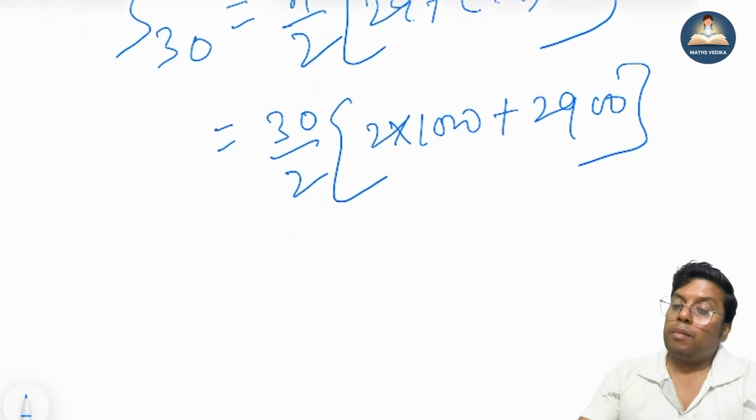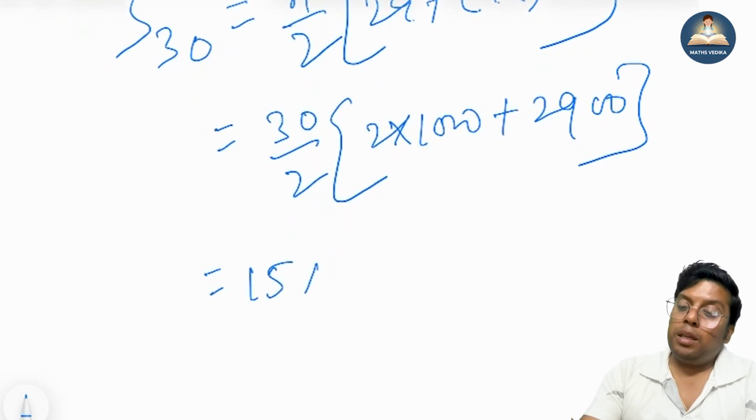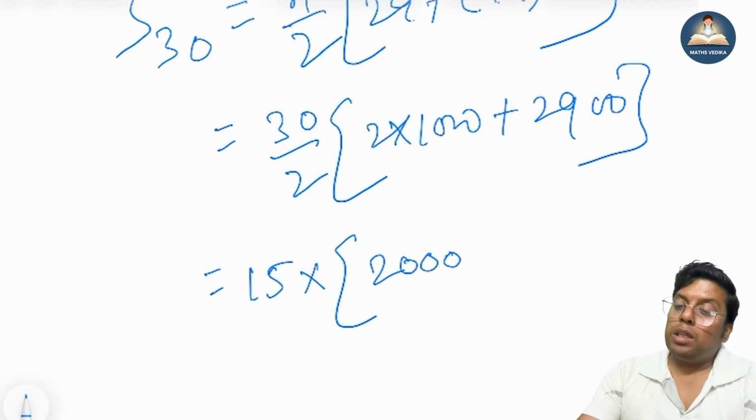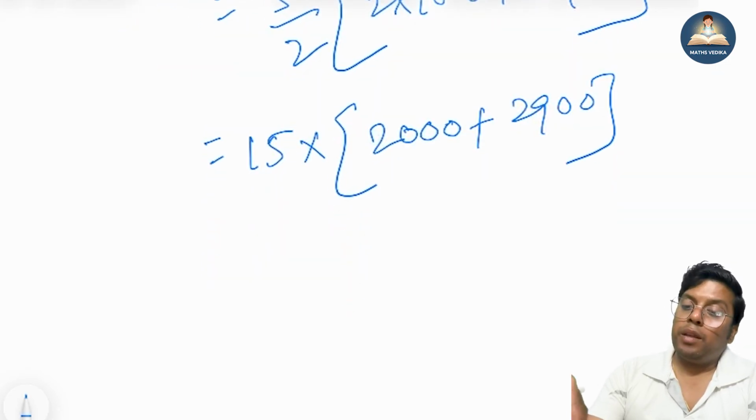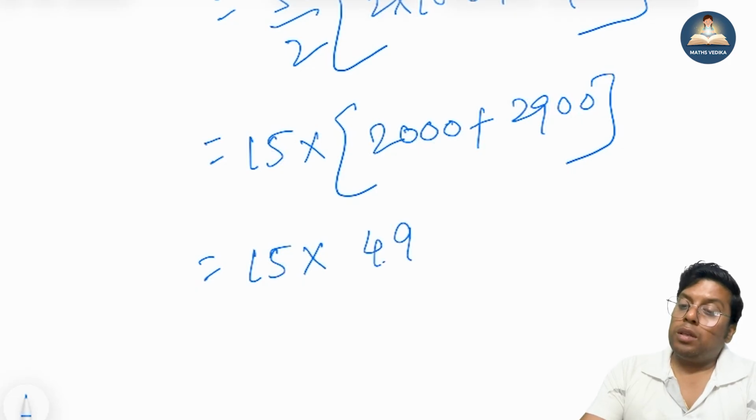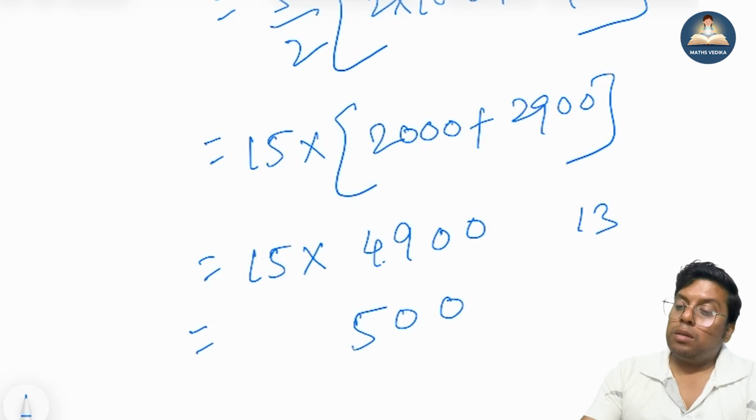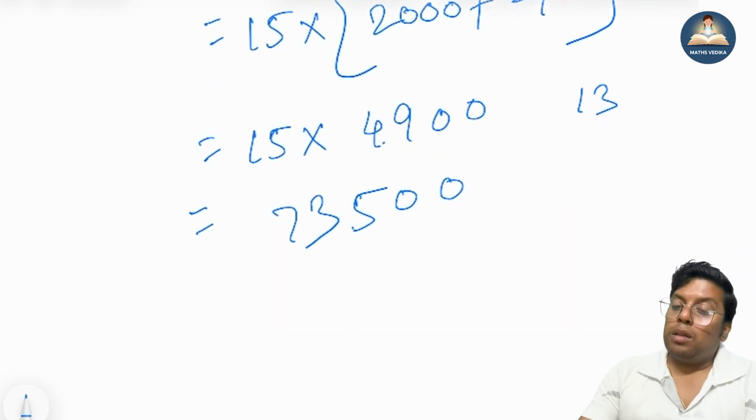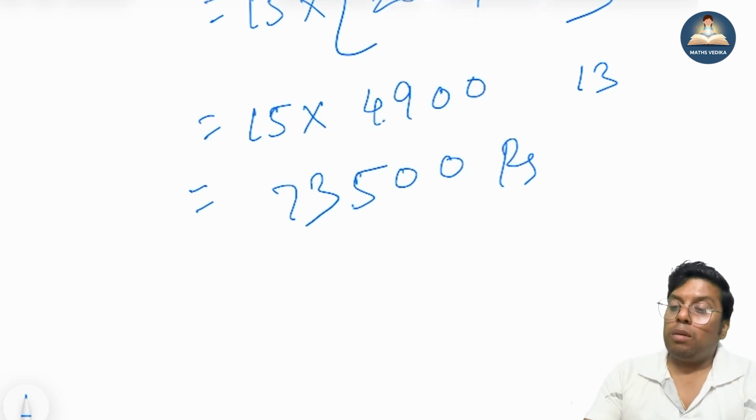Now here 15 into 2,000 plus 2,900, so 15 into 4,900, so 73,500 rupees is paid in 30 installments.